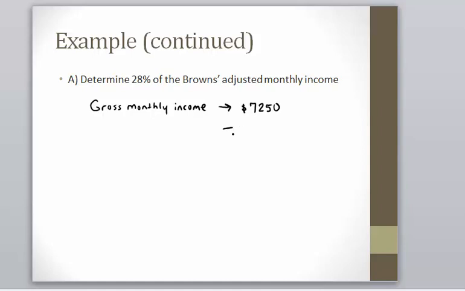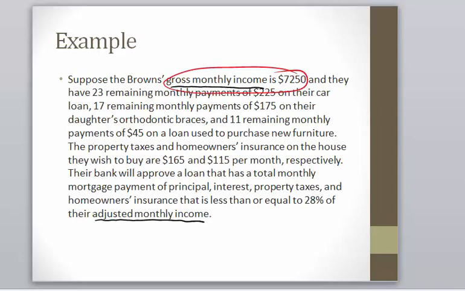And we're going to subtract any monthly debt payment where they have more than 10 months remaining. So let's look back at our problem. We're going to subtract the $225 for the car, the $175 for the braces, the $45 for the furniture loan. Note that all three of these payments have more than 10 months remaining on the life of their loans.